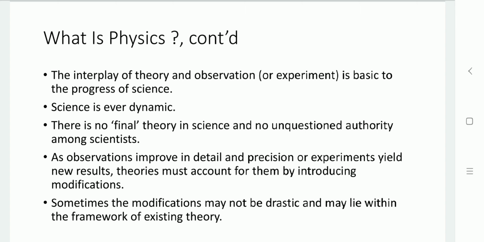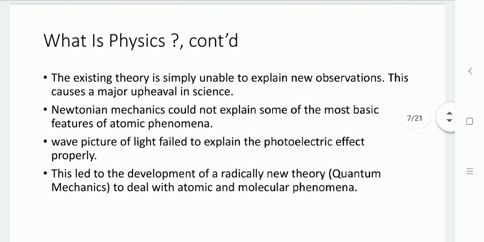This modification cannot be drastic and may lie within the framework of the existing theory. And some of the existing theories are unable to explain new observations, new techniques, new experiments that cannot be performed from that earlier given theory.